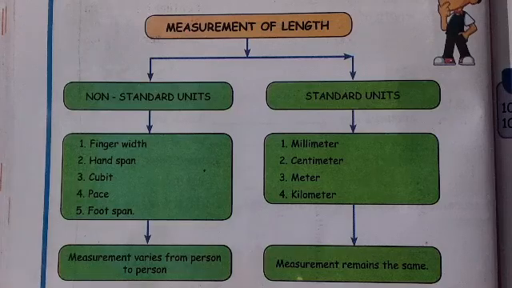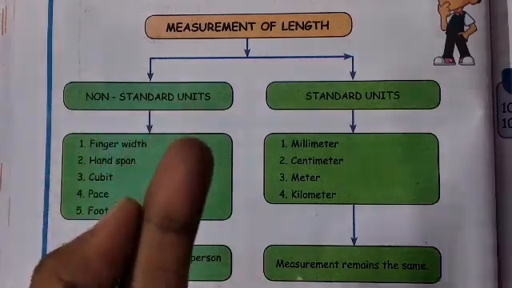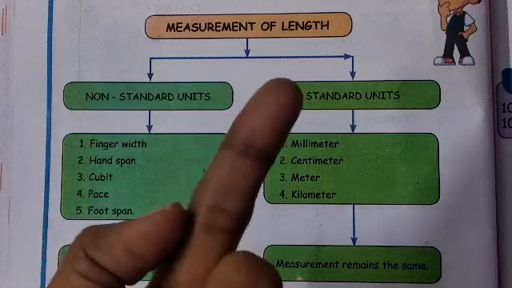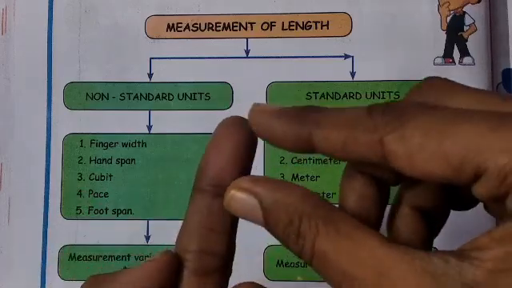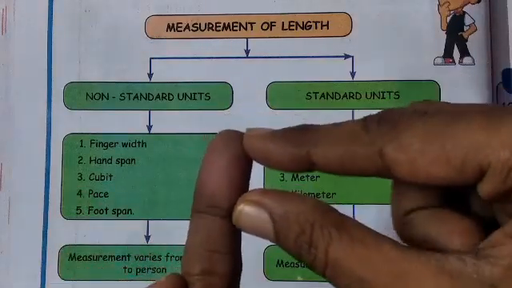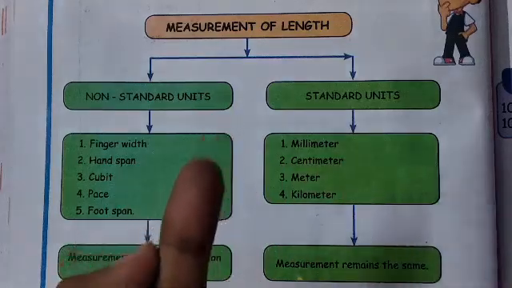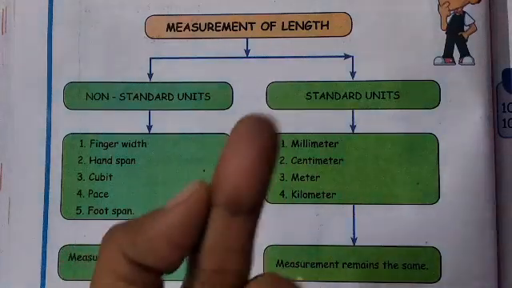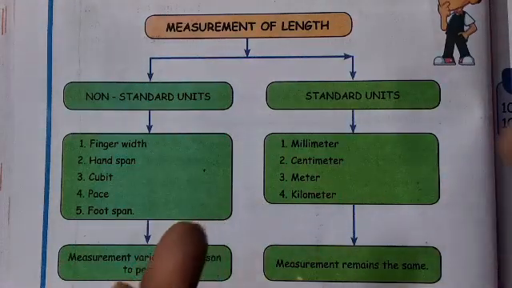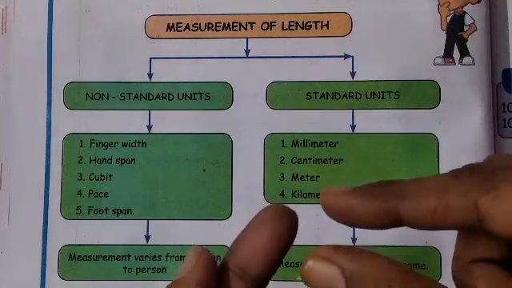I'll tell you how. See, first one is finger width, isn't it? Finger width means if you are having a finger, this is the 1 inch. This part alone is 1 inch. My finger will be having a different size than yours, isn't it? If you keep your fingers like that, your finger will be smaller.